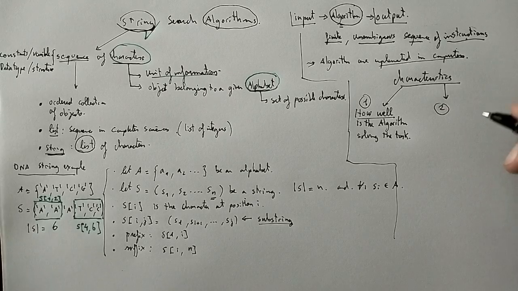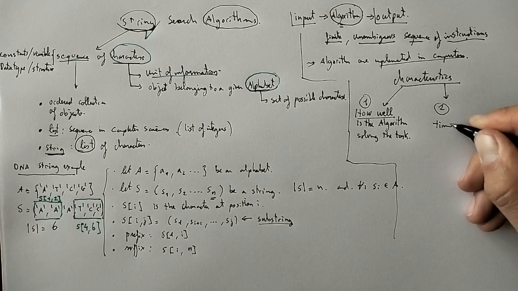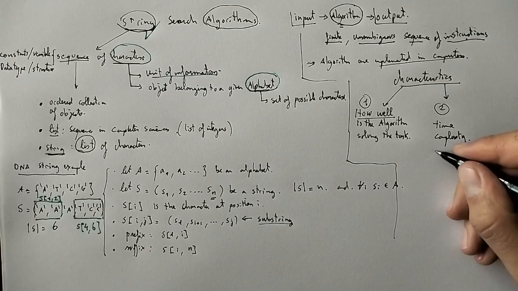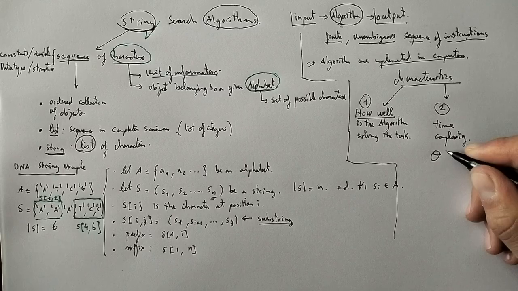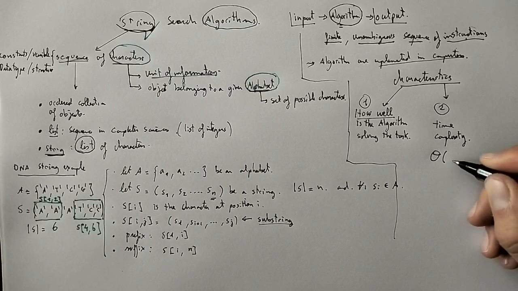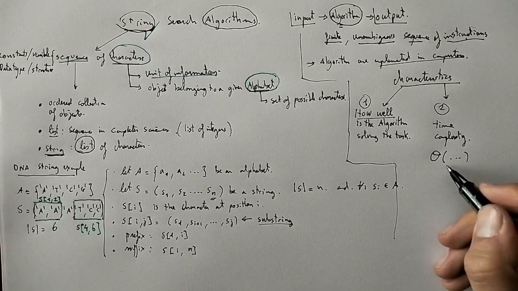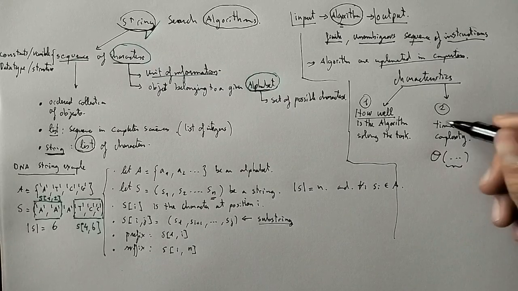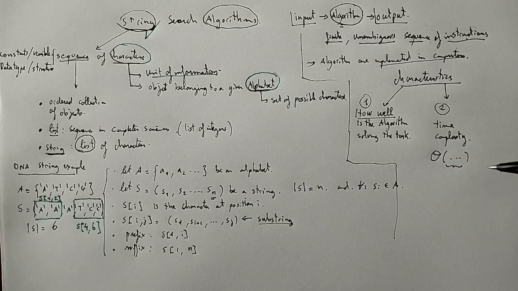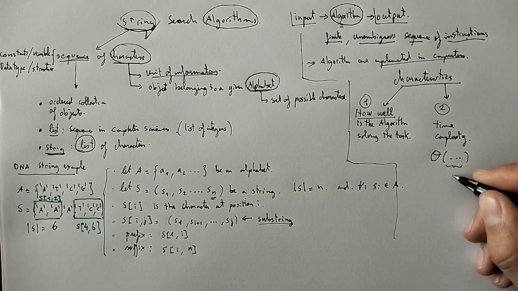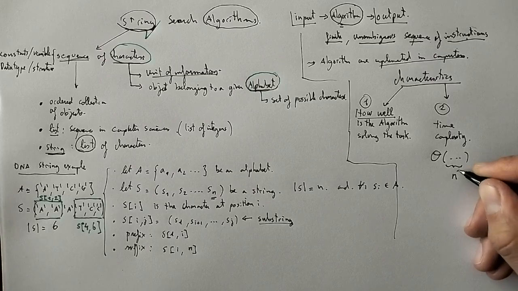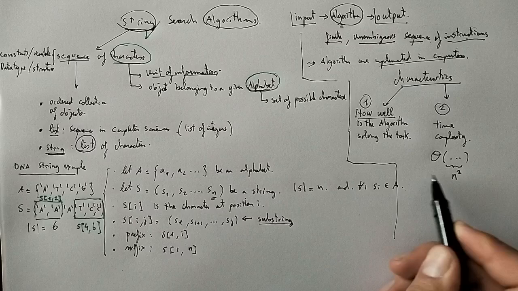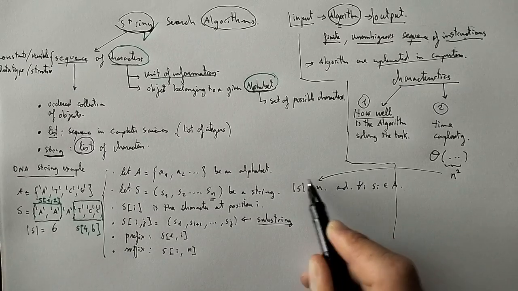The second way will be its time complexity. We can write it O of something. So this something will be the variables that will be important in order to define how much time the algorithm will take. For example, let's imagine that here we have n square, and let n be the size of the string.